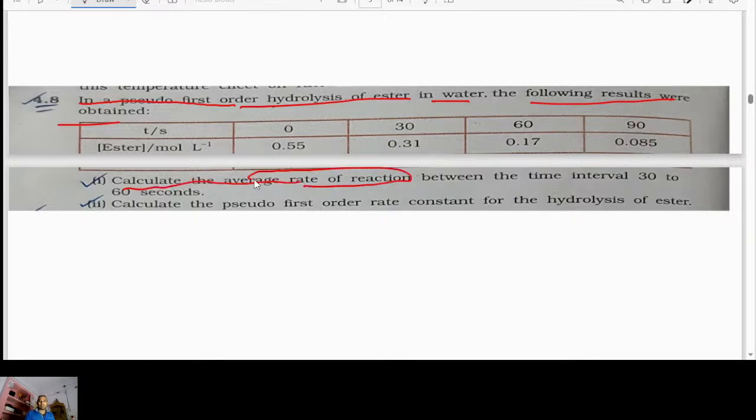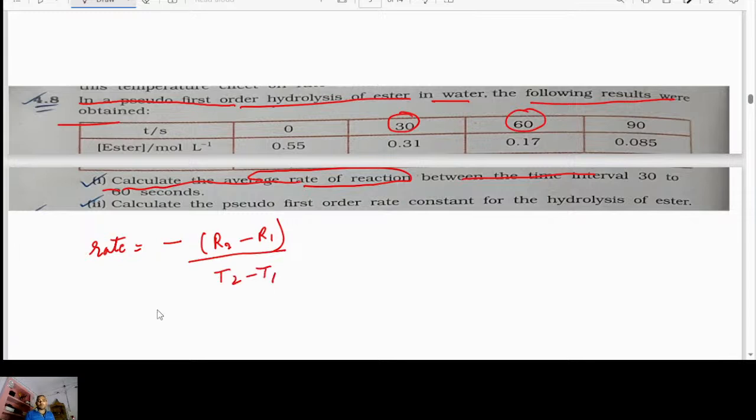They are asking for the rate between the time interval 30 to 60 seconds, right? So here is the time in seconds they are talking about, 30 seconds and 60 seconds, which you have to check. So what we can do, student, is rate is equal to minus R2 minus R1, divided by T2 minus T1.